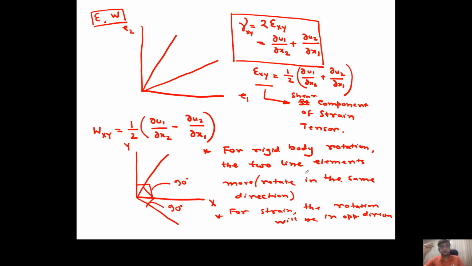So keep this point in mind that when there is a rigid body rotation which is happening due to W, the rotation will be in the same direction for both the line elements. Whereas when there is a strain, one of the line elements will move in the clockwise direction, the other will move in the anti-clockwise direction. So that is what the point was here.